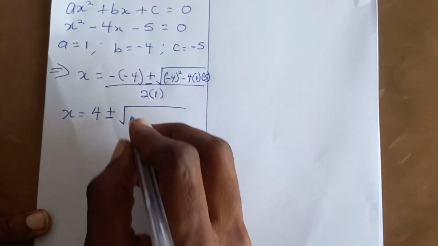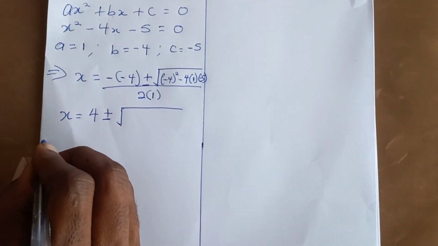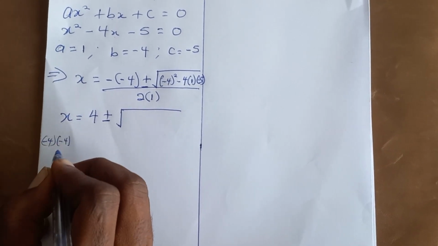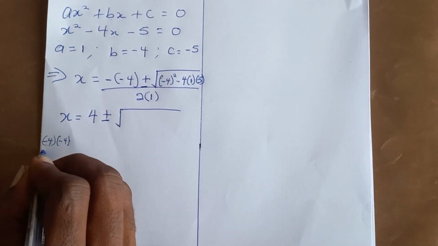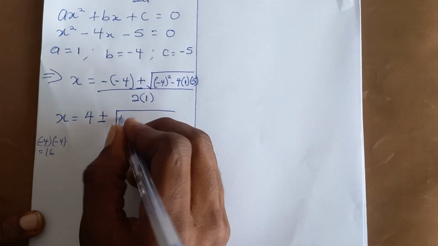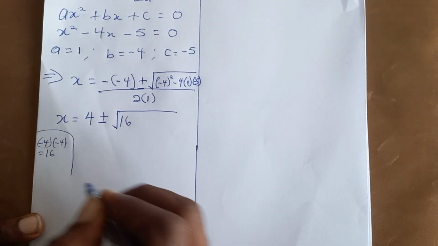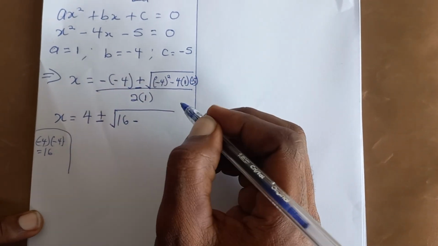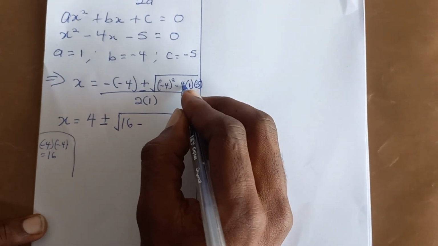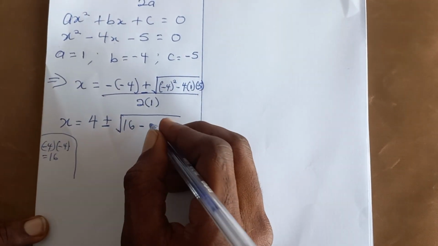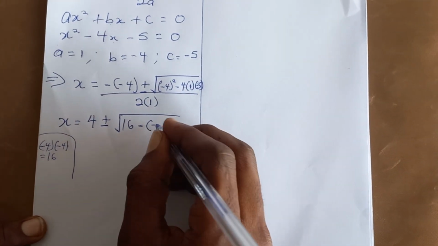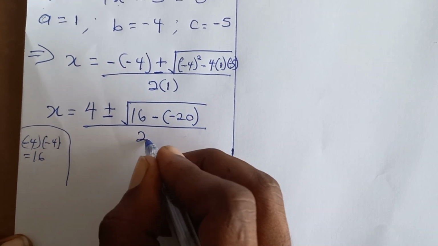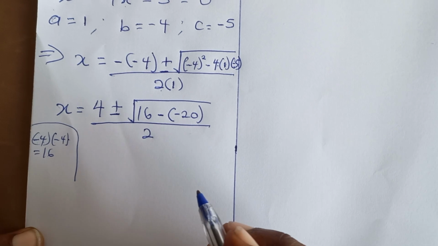You see that negative 4 times negative 4, we are getting 16. So 16 minus 1 times 4 is 4. Then 4 times negative 5. So we are getting negative 20, all over 2, because 2 times 1 is 2.